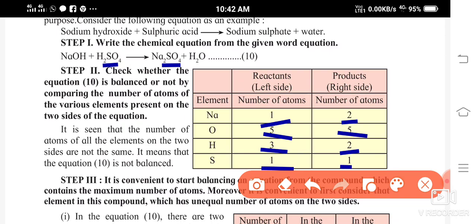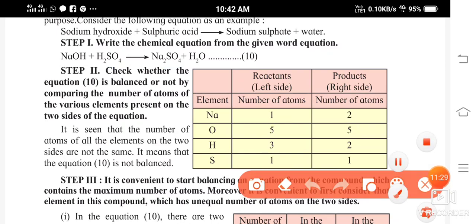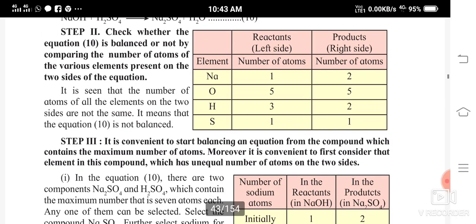So you can see that sodium, oxygen and sulfur were balanced, that is, the number of atoms were equal on the left hand side and right hand side, but hydrogen is not balanced, right? 3 on the left hand side and 2 on the right hand side.